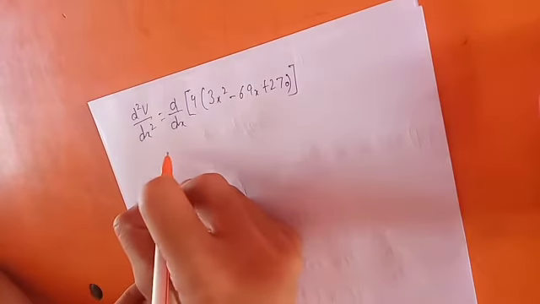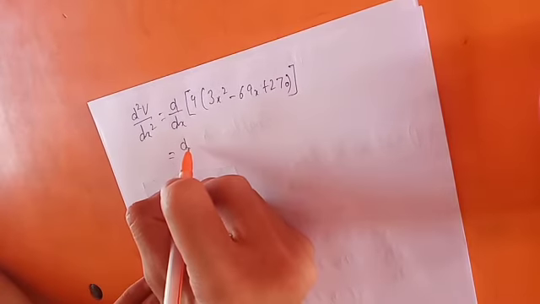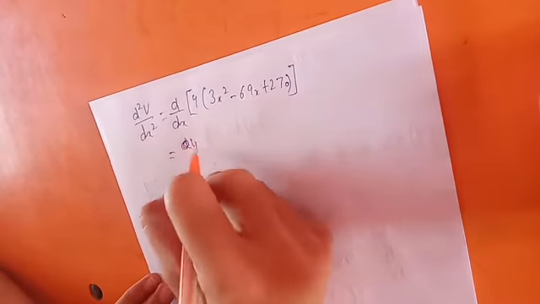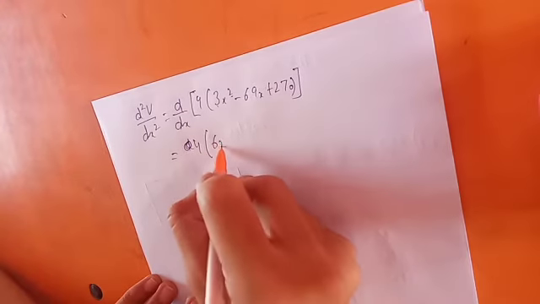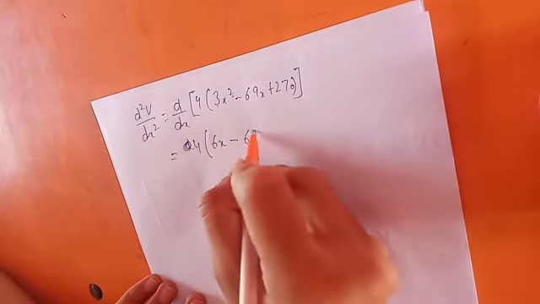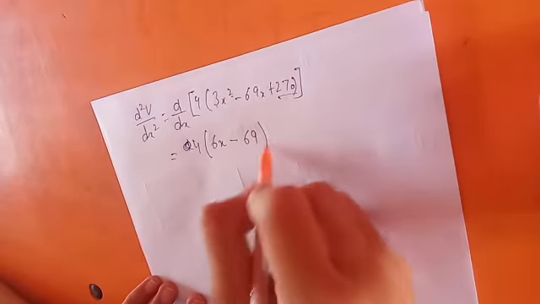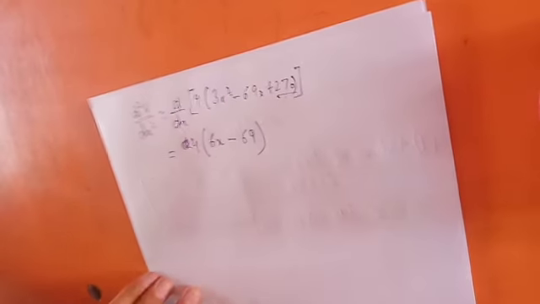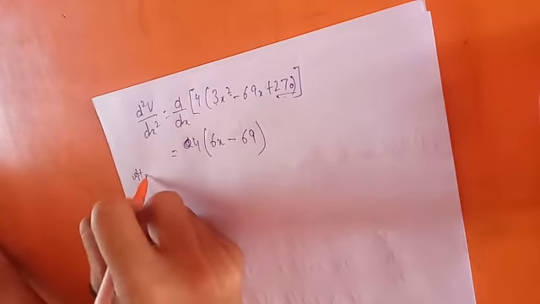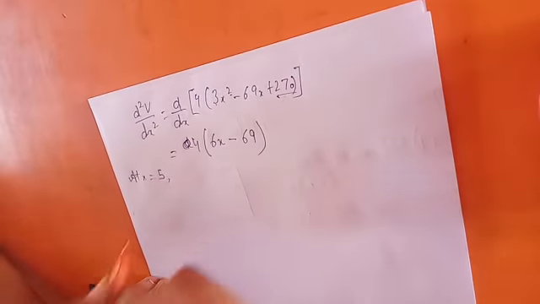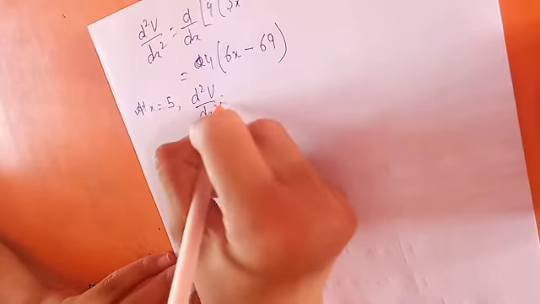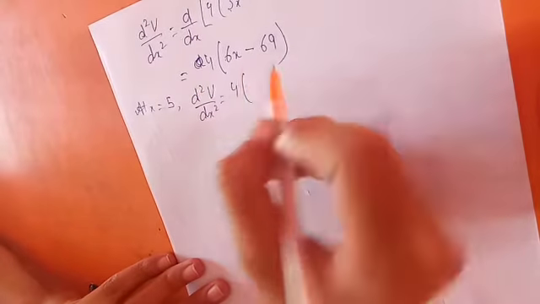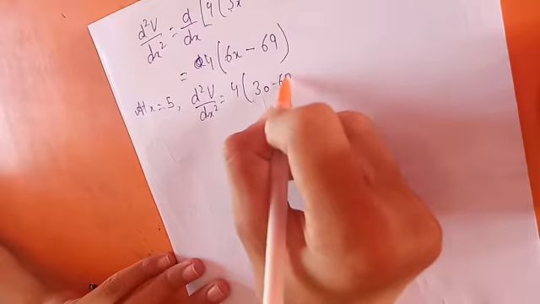Okay, so in its differentiation, 4 will be as it is. Differentiation of 3x square is 6x, and minus 69x is minus 69. Differentiation of 270 is 0. Now at x equal to 5, d square V by dx square will be 4 into 6 times 5, which is 30, 30 minus 69.